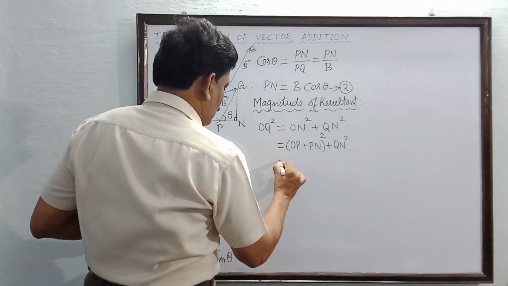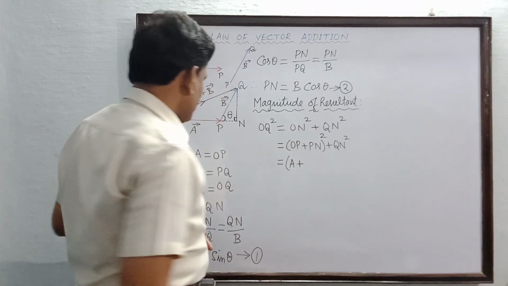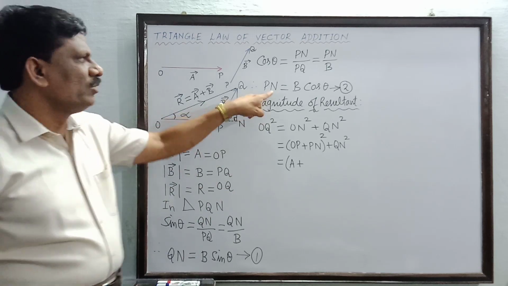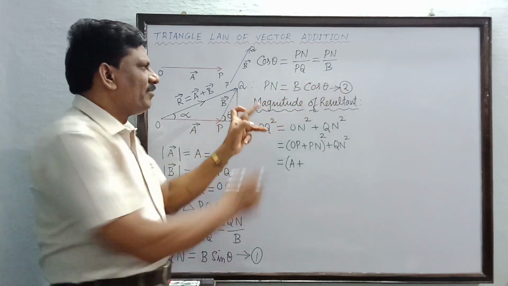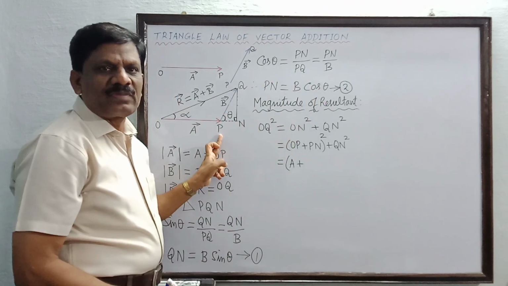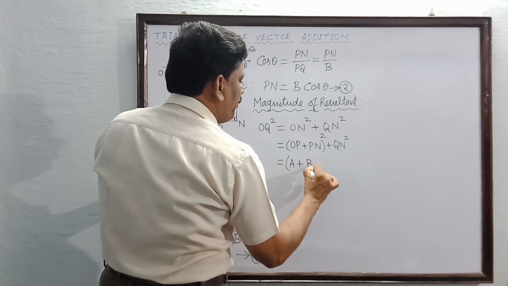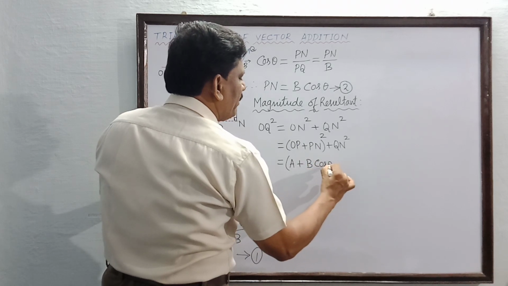So this is equal to, inside the bracket, A plus, instead of PN, here you see equation 2, instead of this length PN, we are going to substitute B cos theta. So instead of PN, I am going to substitute B into cos of theta.